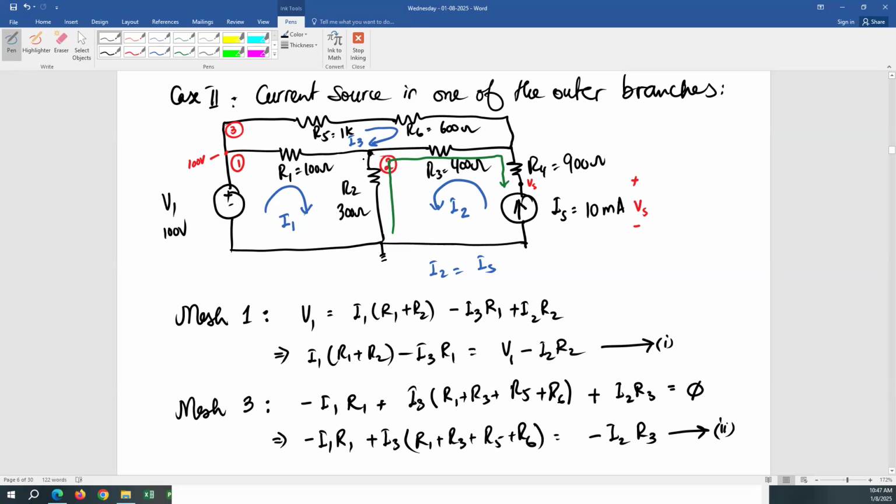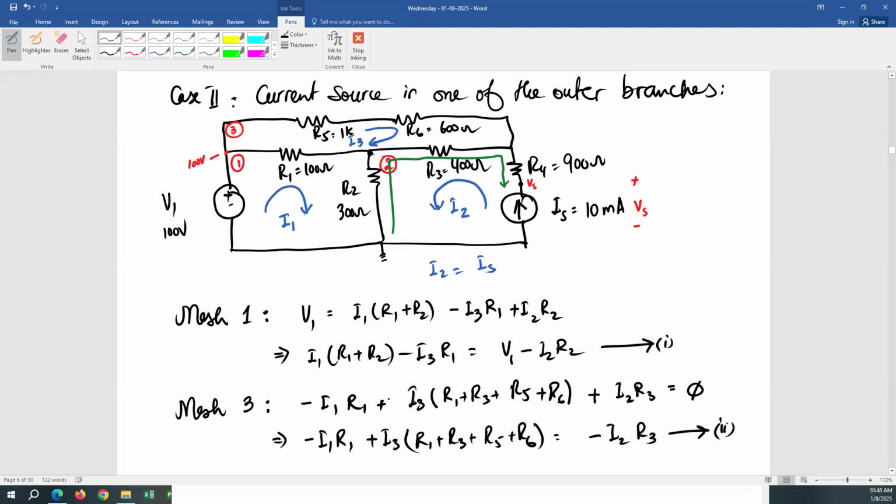Look at the direction of current that is flowing through R2. I1 and I2 both are flowing from top to bottom. So you have a higher voltage over here. If I'm going from ground to this node, I have a higher voltage at this node, and that voltage is I1 plus I2 times R2, because I1 and I2 are flowing through R2.